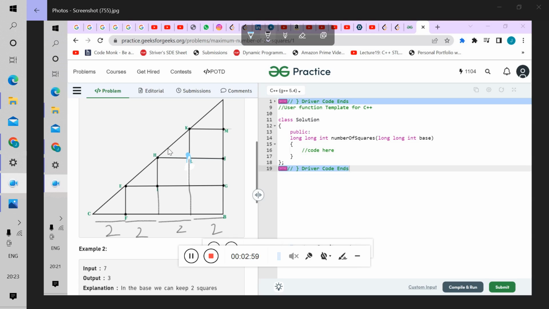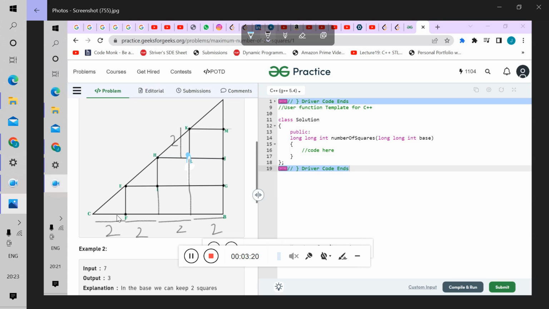What I'm trying to explain is that we are given a triangle, and we have to calculate all the 2 cross 2 squares that are possible. We simply have to calculate how many squares it can accommodate, right?